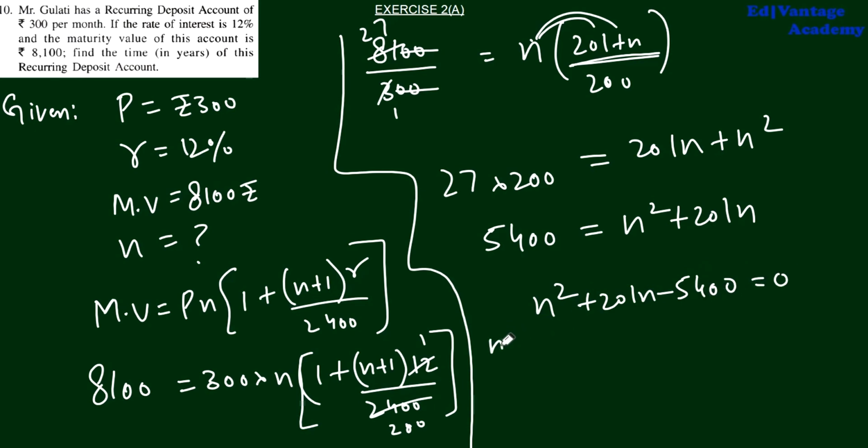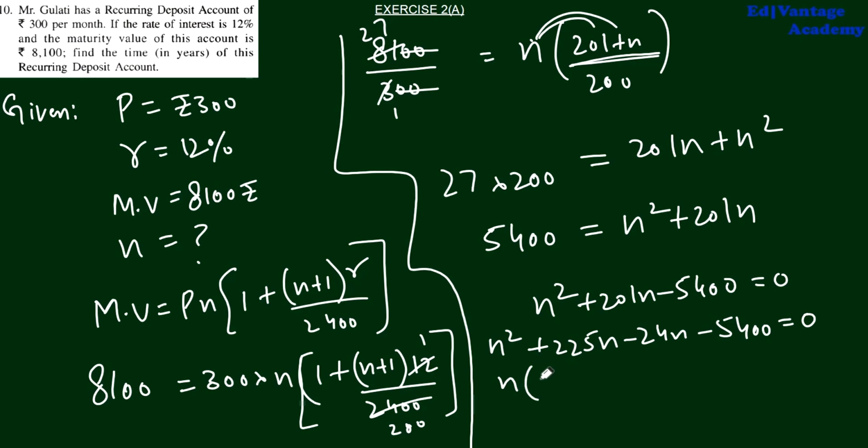Split the middle term. Find two numbers whose difference is 201, positive, and the same numbers' multiplication should be this multiplication, which is minus 5400 into n. So when I checked, it's coming as n square plus 225n minus 24n minus 5400 is equal to 0.